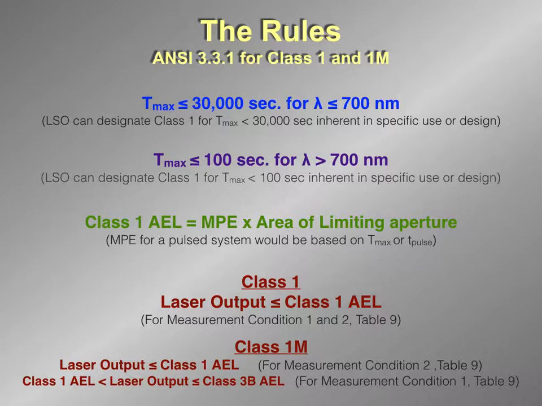For Class 1M, the laser output has to be less than or equal to the Class 1 AEL for measurement condition 2, and greater than the Class 1 AEL but less than the Class 3B AEL for condition 1. So for condition 2 it has to be less than or equal to the Class 1 AEL, and for condition 1 it has to be less than the Class 3B AEL but greater than the Class 1 AEL.